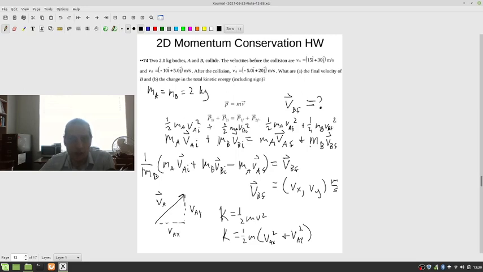Okay, so this, and we don't know that they're equal. Okay, it's going to be less than or equal to that initial. But I want you to calculate this, calculate that, and then take the difference between them to find the total change in kinetic energy. Okay?